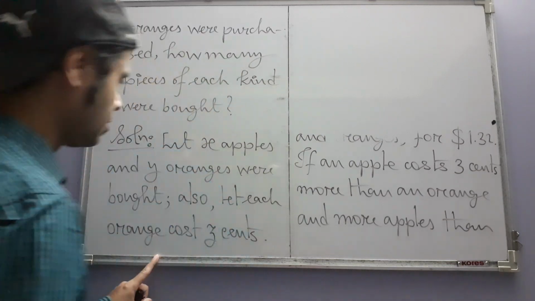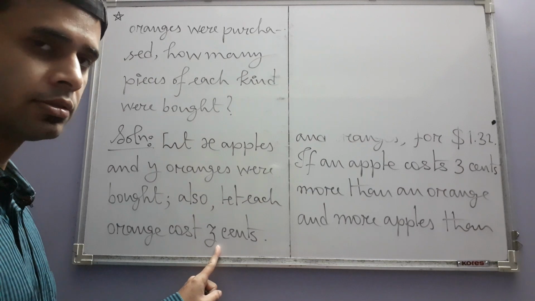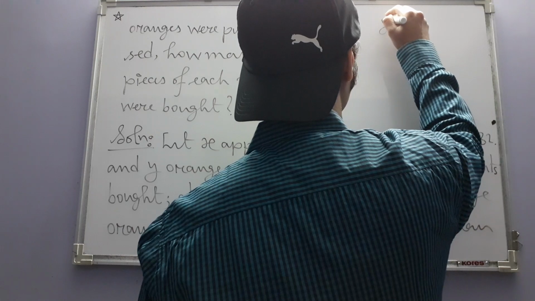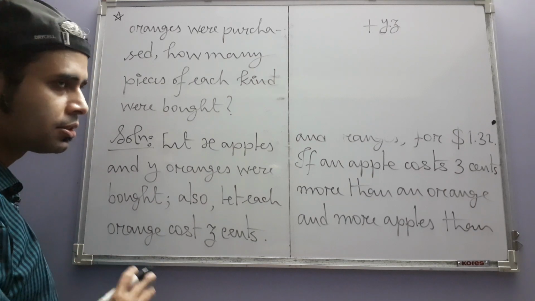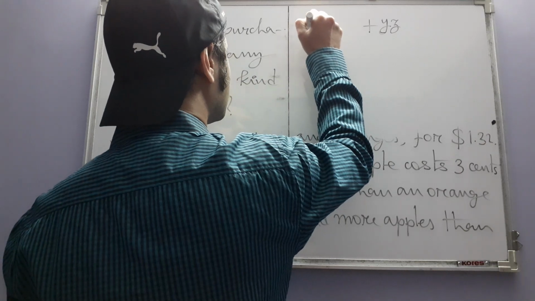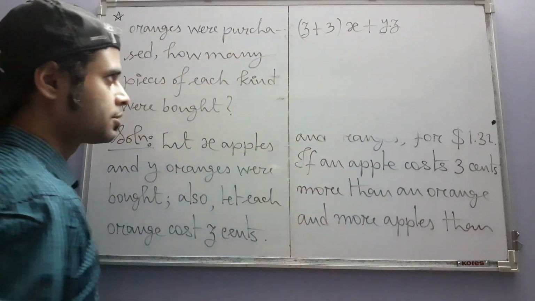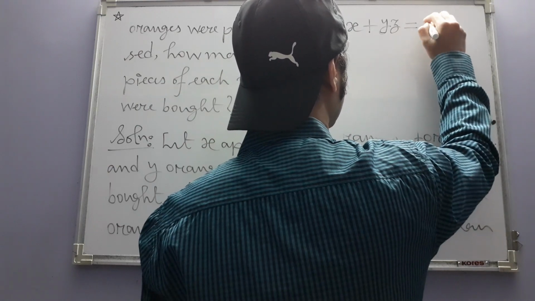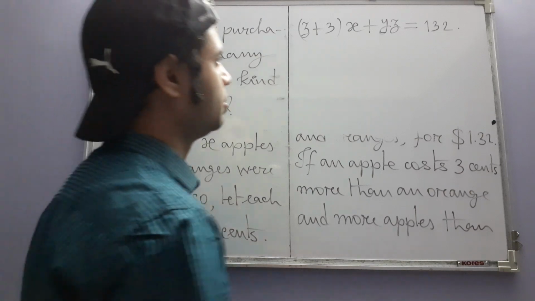You see, y oranges were bought, and according to us each orange costs z cents. So the total cost of the oranges is y times z, and the total cost of the apples is x times (z plus 3), because each apple costs 3 cents more than an orange, and because everything is in cents, the total cost is 132 cents. So this is one equation.